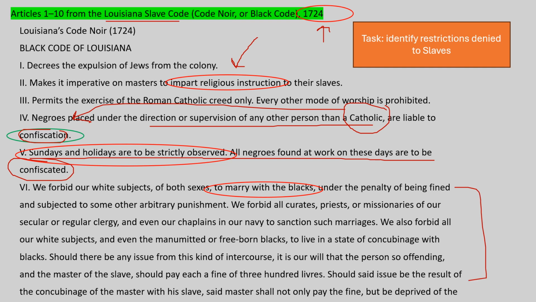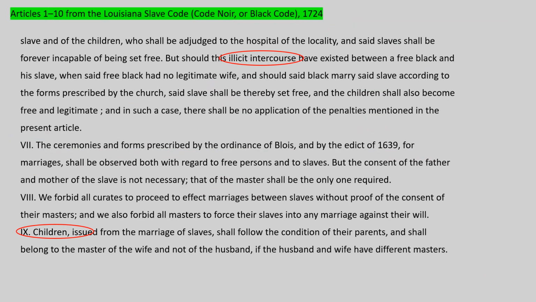This section is looking at the intermarriage, which is eventually going to lead to sexual activity among free and enslaved people. And when we look at this particular section here, this is where this eventually ends up going. So the key issue here is if we have two people, this individual is free, this individual is a slave.